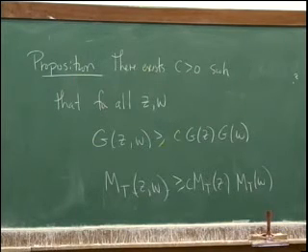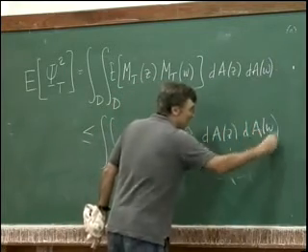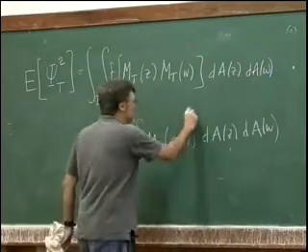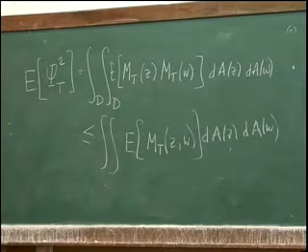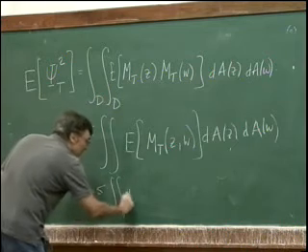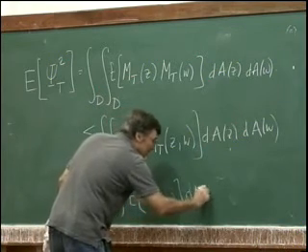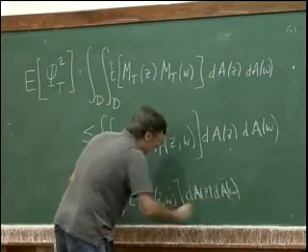I'll just erase here. And now, this is a supermartingale. So that's M0.